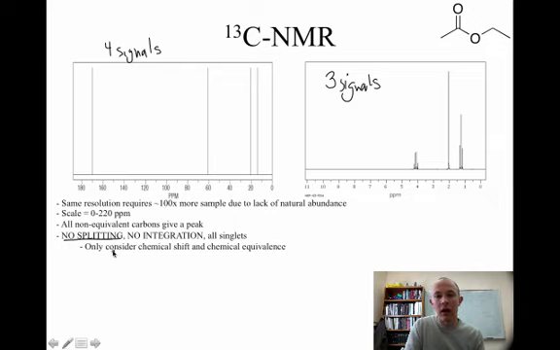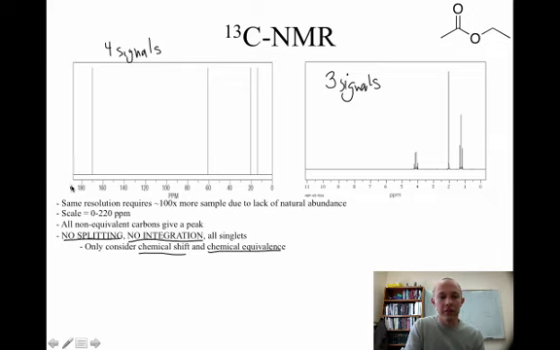Also, while it's possible to integrate proton NMRs, you're never going to integrate carbon NMRs. So the only thing that we're really going to be looking at in carbon NMR is chemical shift and chemical equivalence, which essentially tells us the number of signals that we'll expect.